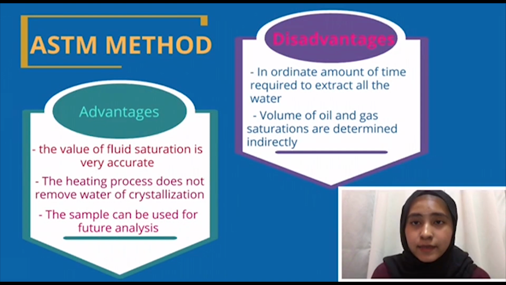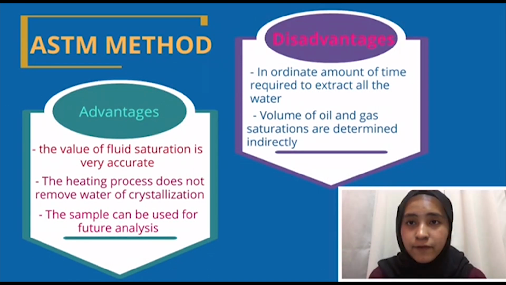For these two methods, they also have advantages and disadvantages. So for the ASTM method, the advantage is the value of fluid saturation is very accurate. The heating process does not remove water of crystallization, and the sample can be used for future analysis.